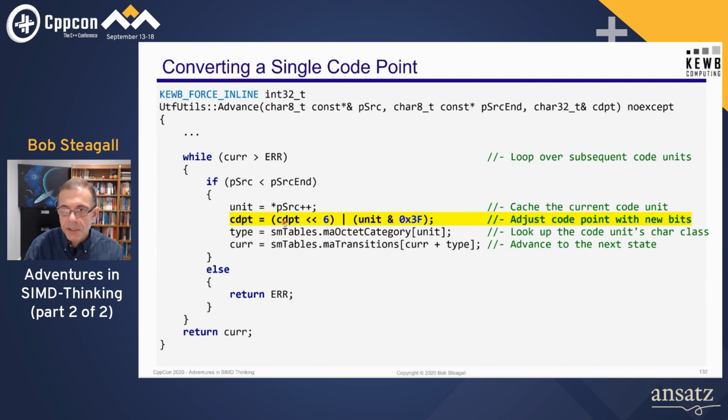So I'm going to take my existing code point, shift it up by 6 bits, and mask the lower 6 bits of my code unit into my code point. Then I'm going to use the next table to look up the type of the octet, its character class, and given the character class and the current value, I can compute the state transition to the next state.